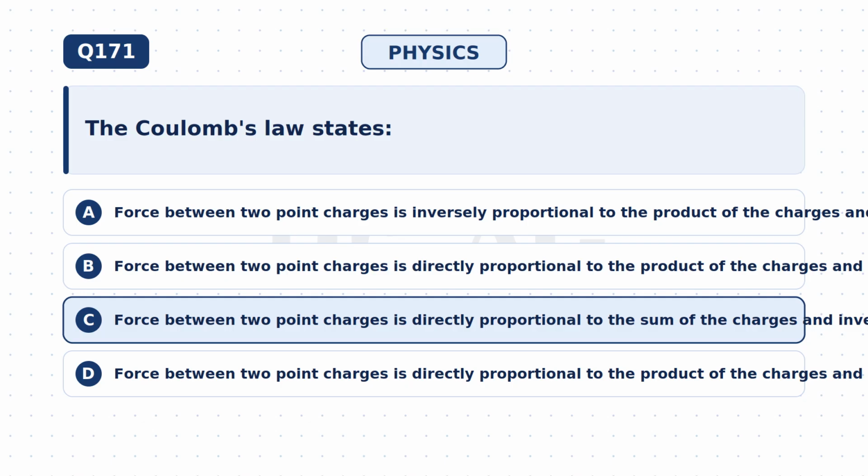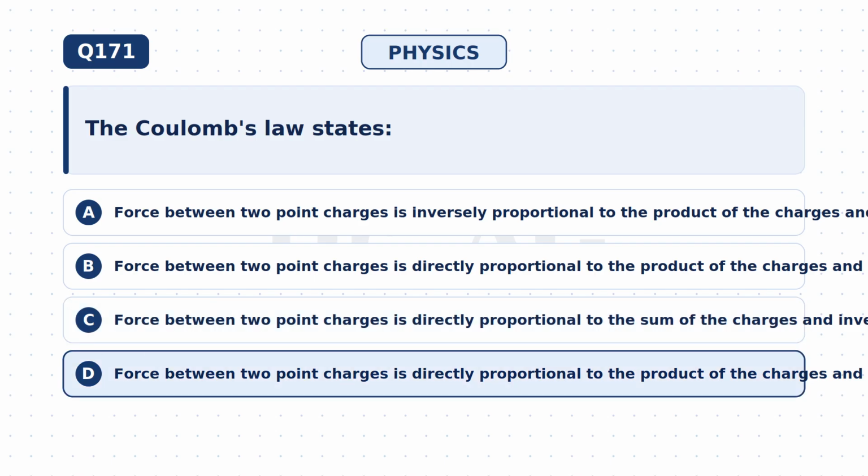Option C, force between two-point charges is directly proportional to the sum of the charges and inversely proportional to the square of the distance between them. Option D, force between two-point charges is directly proportional to the product of the charges and to the square of the distance between them.